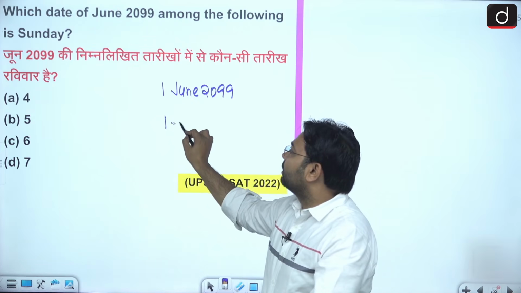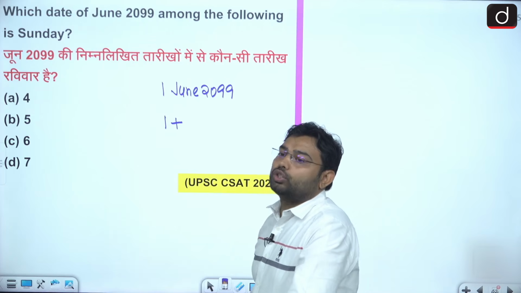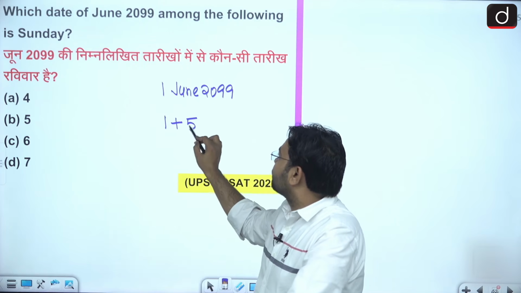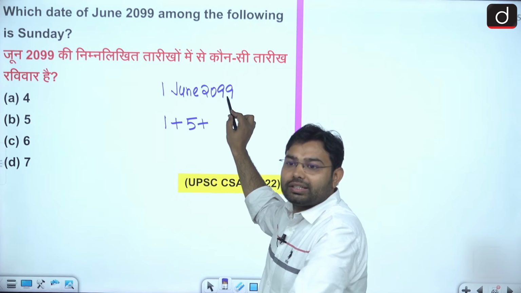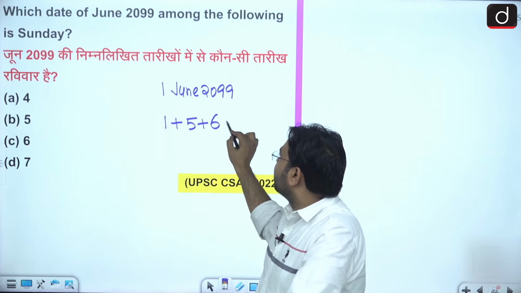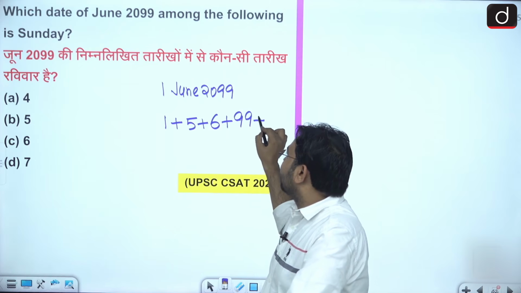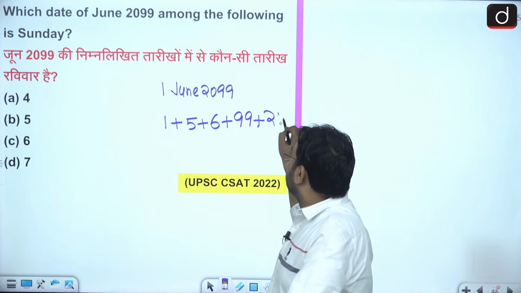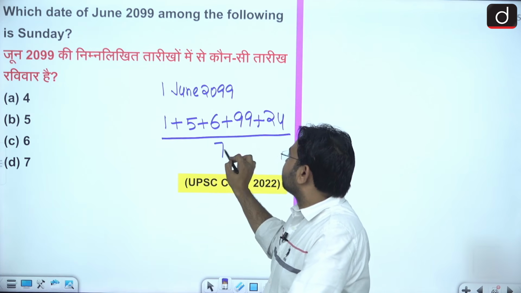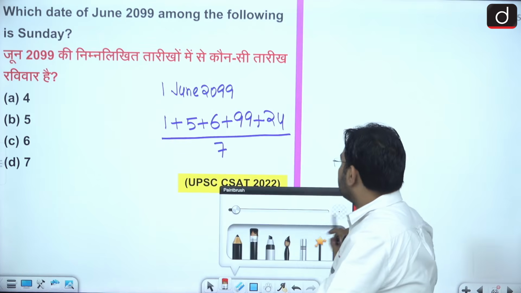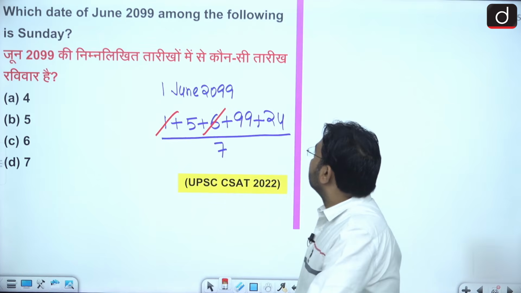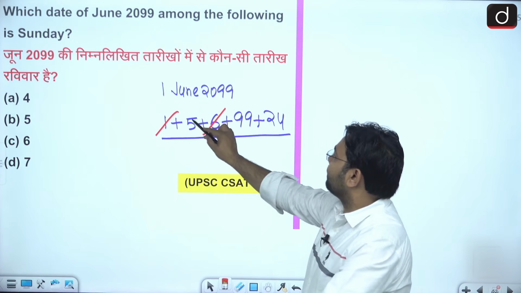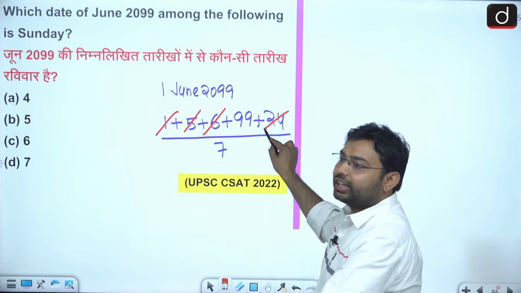So 1st June 2099. Date is 1. Month June, code for month is 5. Now century, code for century 2000 is 6. Now year 99. Year by 4 is 24, and divide by 7. 24 plus 5 is 29.